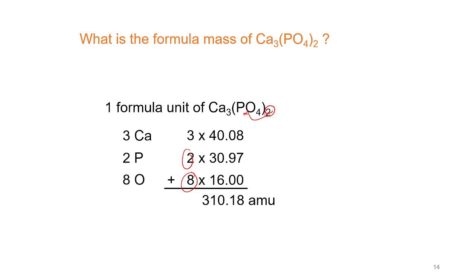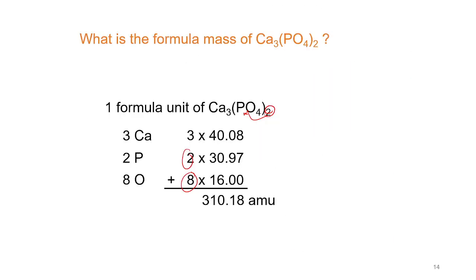And using the concept earlier, the atomic mass unit value of any ionic compound is actually equivalent to the mass of 1 mole of that formula mass.